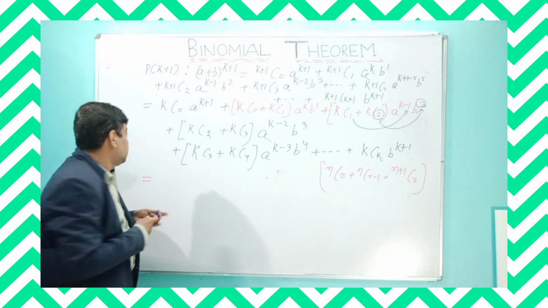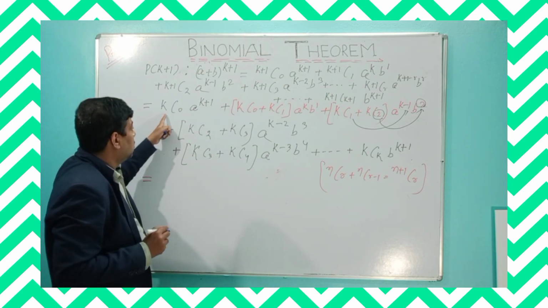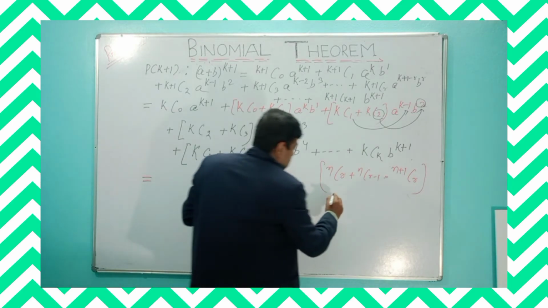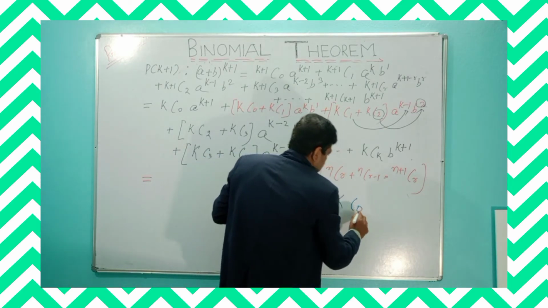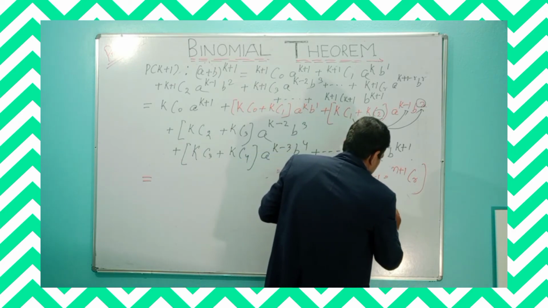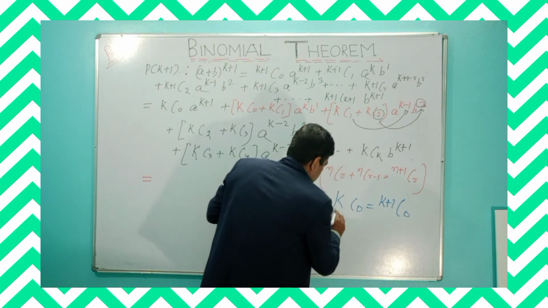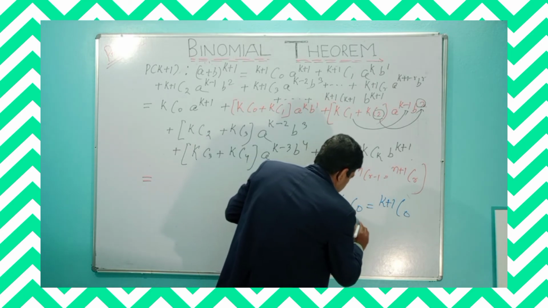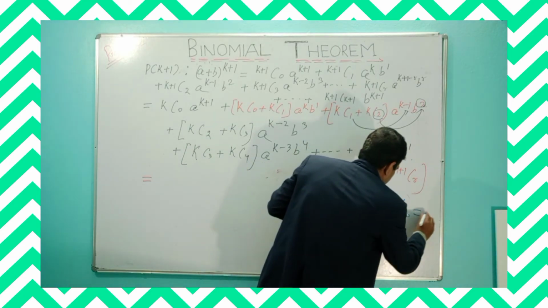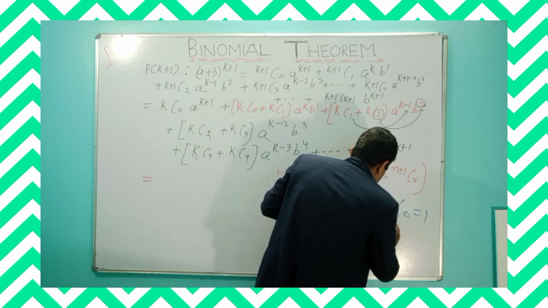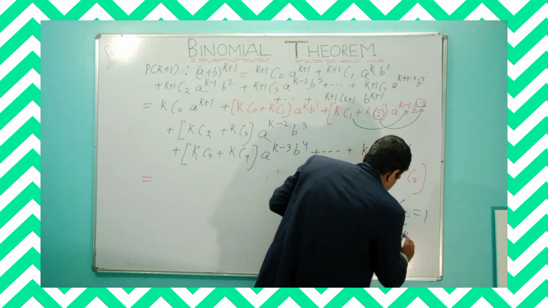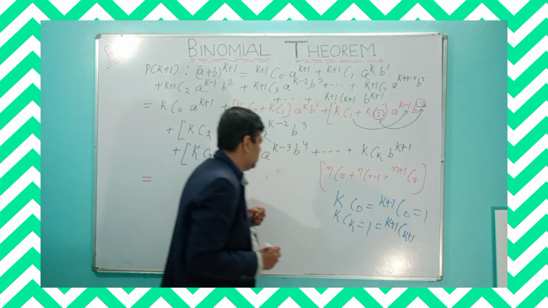Yes. You see now kC0. kC0 value is also 1. We can write (k plus 1)C0, also 1. And again kCk is also 1. This value is 1. Also (k plus 1)C(k plus 1) is also 1. Okay.